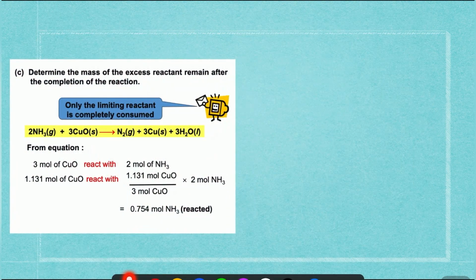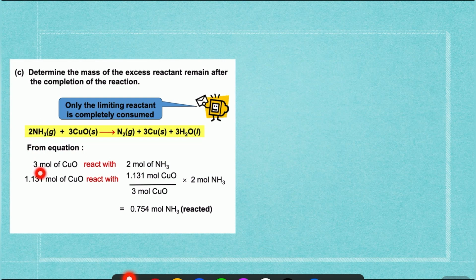Next, determine the mass of the excess reactant remaining after the completion of the reaction. How much of the excess reactant remains? By using the mole of the limiting reactant, you compare with the mole of the excess reactant.